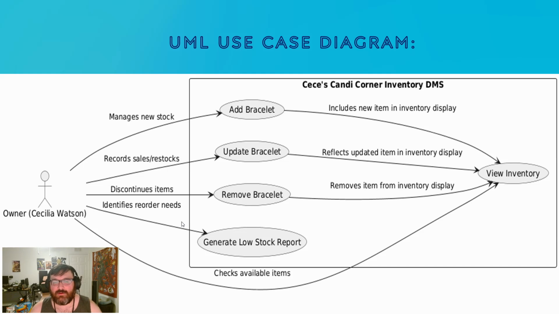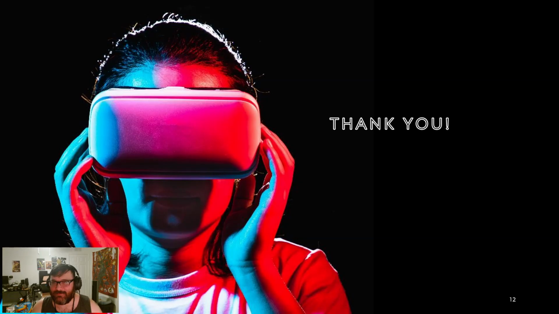She can also view that information and verify it by viewing the inventory separately. And then finally, the low stock report helps her identify any reordering needs. So that is the UML use case diagram.